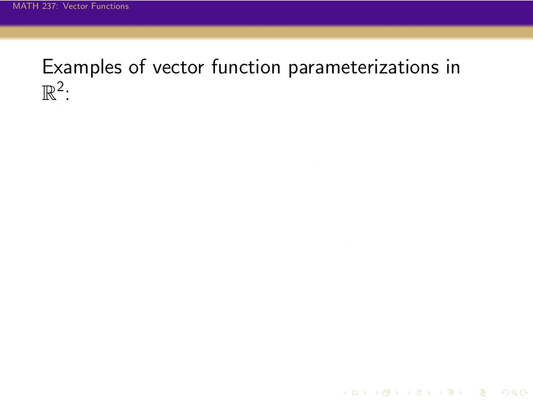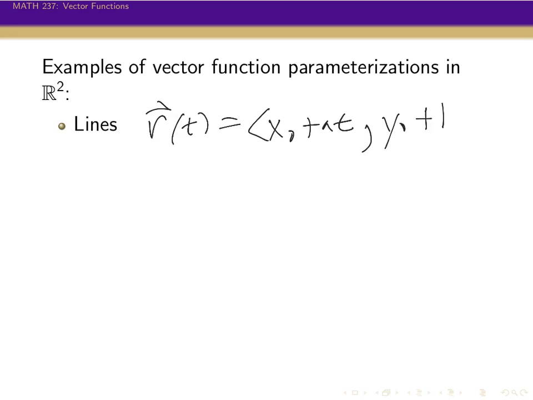Let's talk about some vector function parameterizations, some of which you've already seen. First of all, lines. We have r of t, and the equation for the line is going to look like x naught plus a times t, y naught plus b times t.